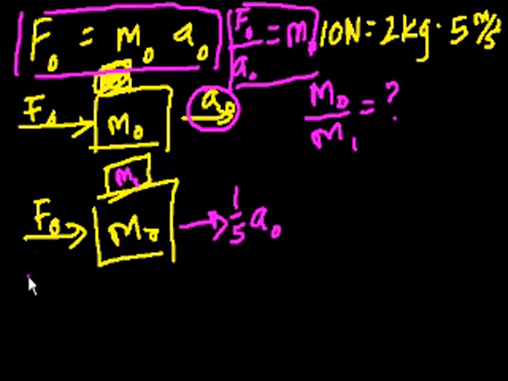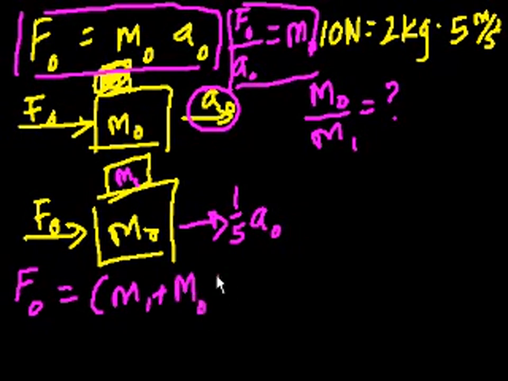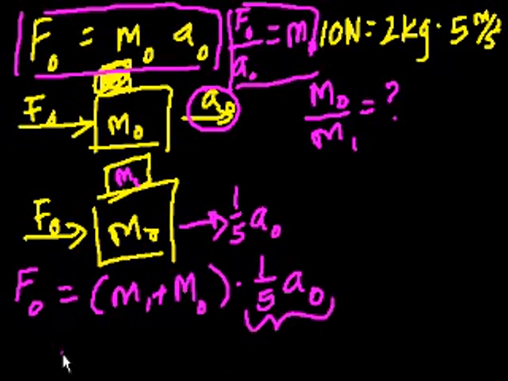So here, this relationship tells us that f sub 0 is equal to m1 plus m0 times this new acceleration, which is 1/5 a sub 0.